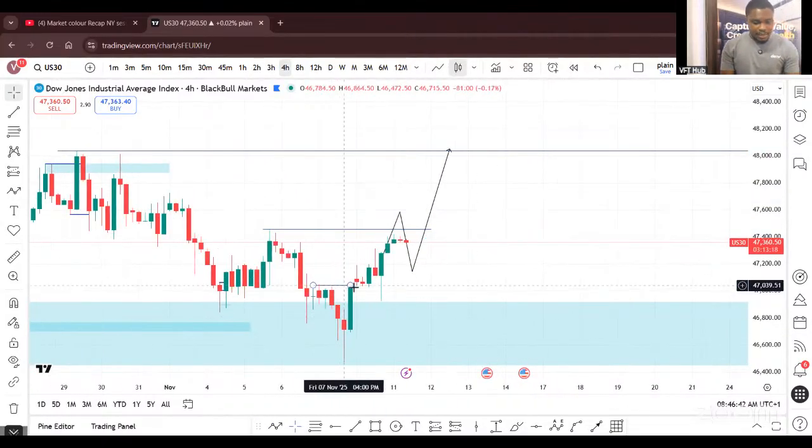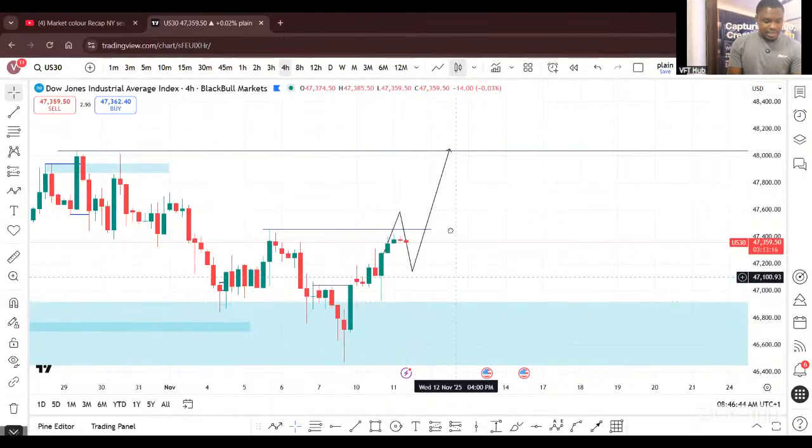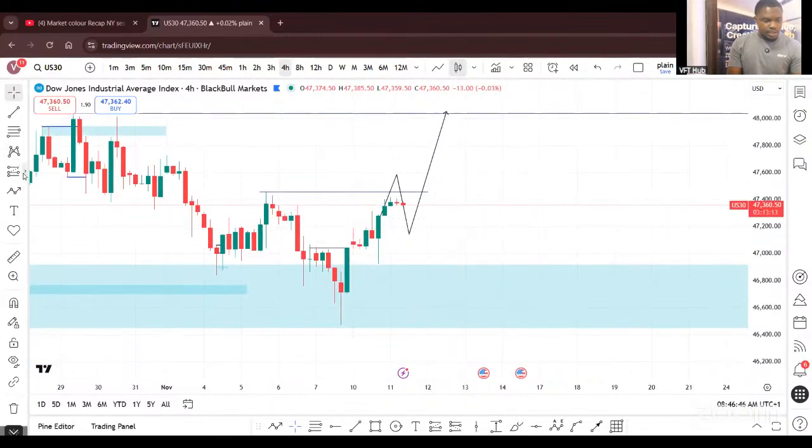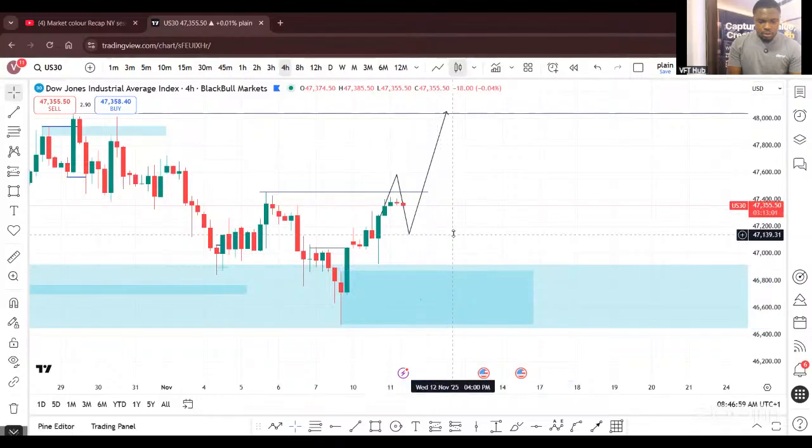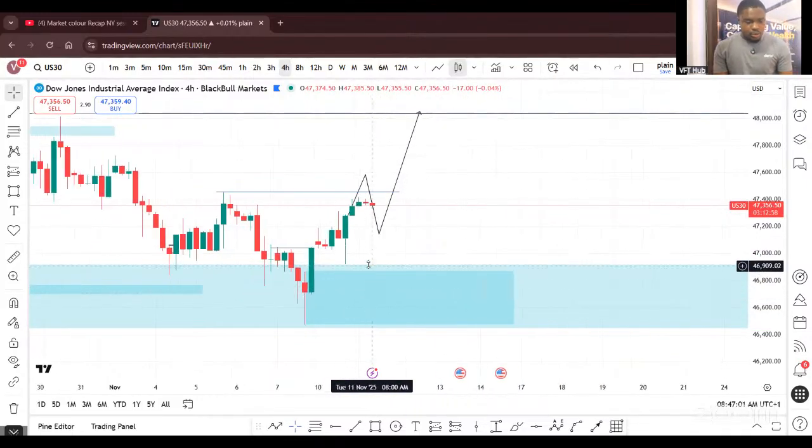The first shift has happened, and then price has tested it, except if we want to mark out this zone as an area that price will come back into again. I don't think so, but I mean, this is the market. We are all using all the tools available at our disposal to make analysis.